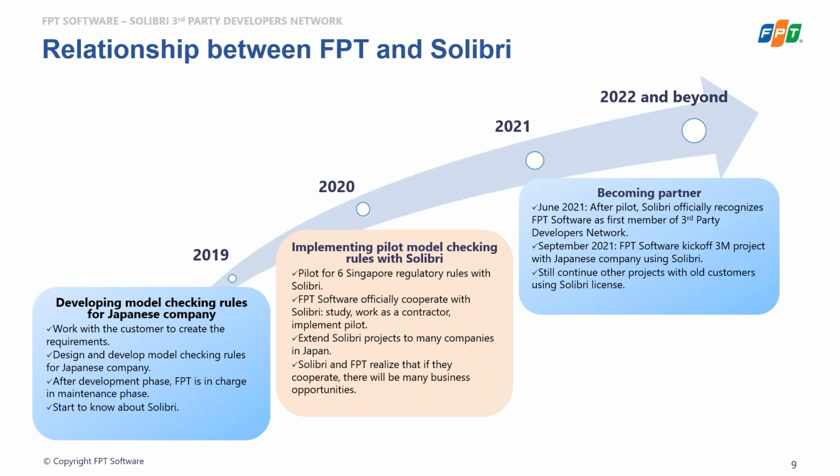On the other hand, we are still continuing to work on other, let's say, previous projects with older customers who are still using the Solibri license. So we continue to support our current, or previous, customers, while of course kicking off this large project in Japan as the first member of the third-party developers network.